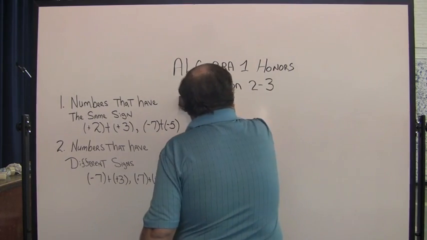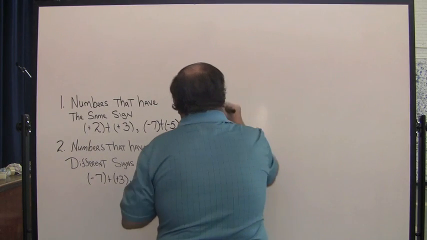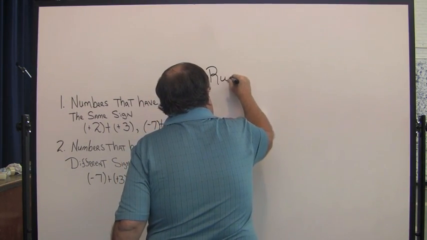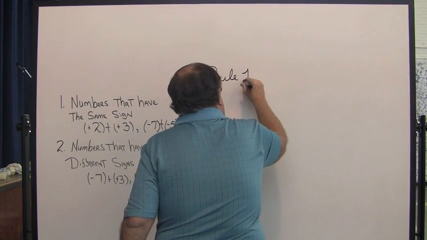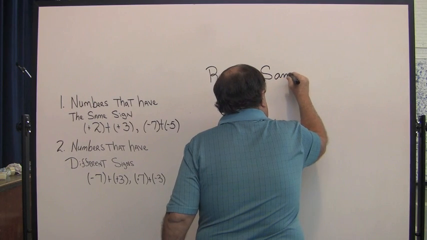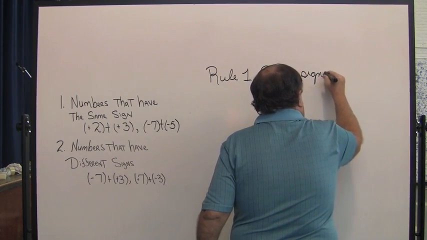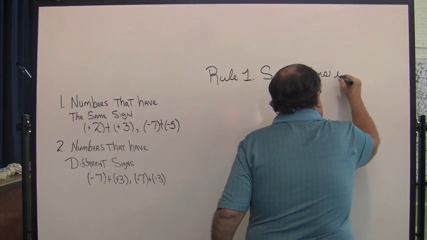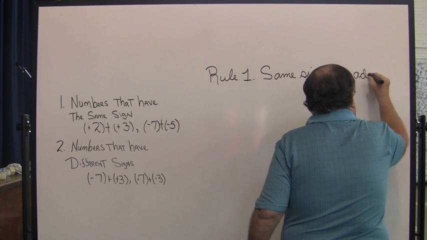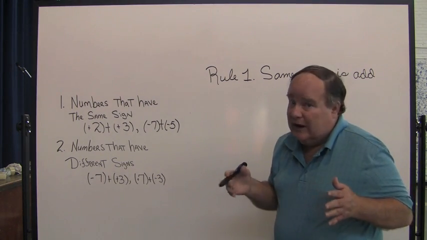Rule 1: when you have the same signs, all you have to do is add the absolute value, or the number without the sign.